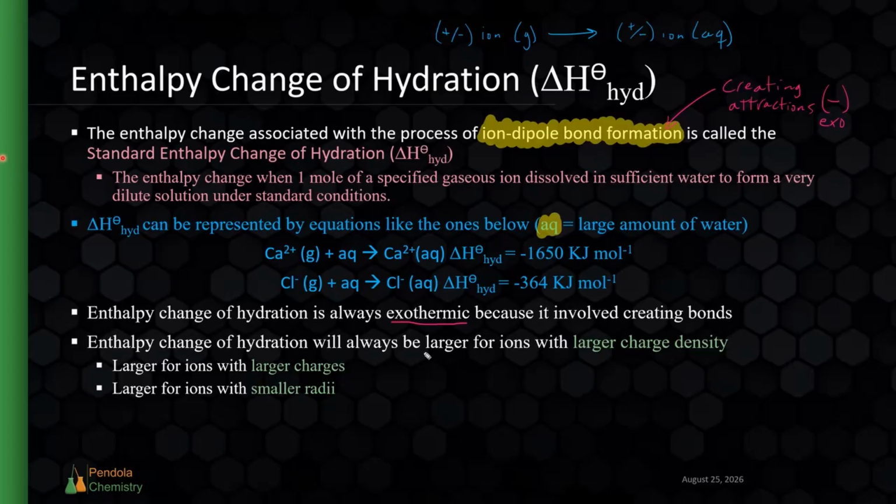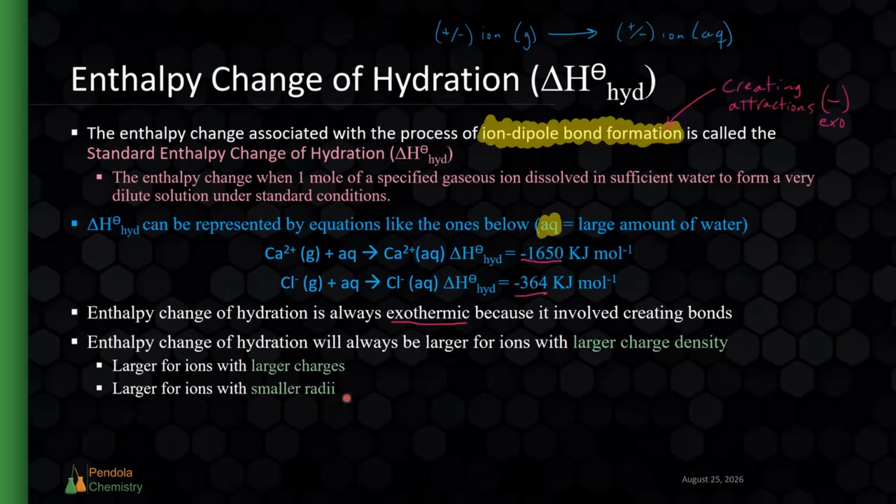So what is going to affect the size of the enthalpy change of hydration? Because notice, the calcium enthalpy change of hydration is negative 1650, whereas the chloride one is only negative 364. So why is this the case? There are two things that are going to affect the enthalpy change of hydration of a specific ion. That is the size of the ion and the charge of the ion.